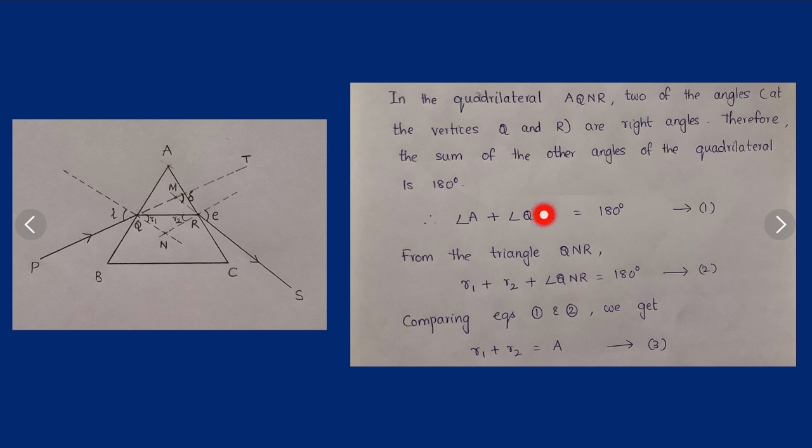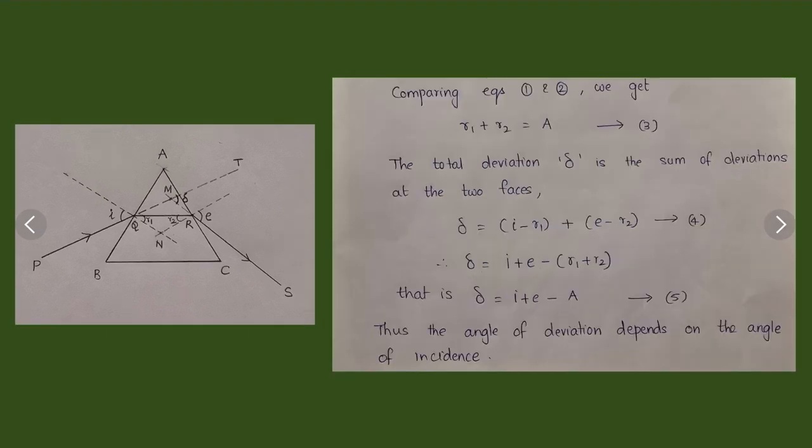Both the sides QNR cancel. Therefore, R1 plus R2 is equal to A. Let it be equation number 3. Then let's continue. Comparing equations 1 and 2, we got R1 plus R2 is equal to A. That is equation number 3.